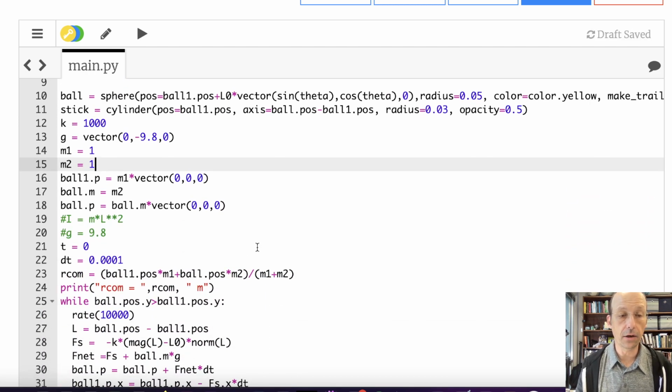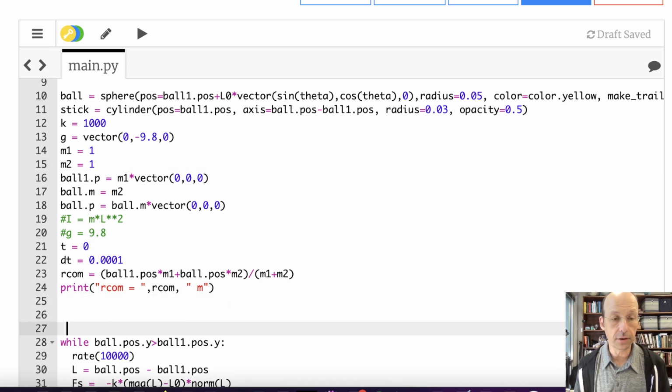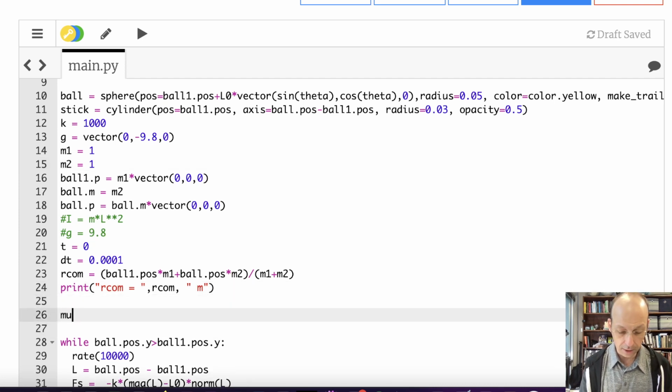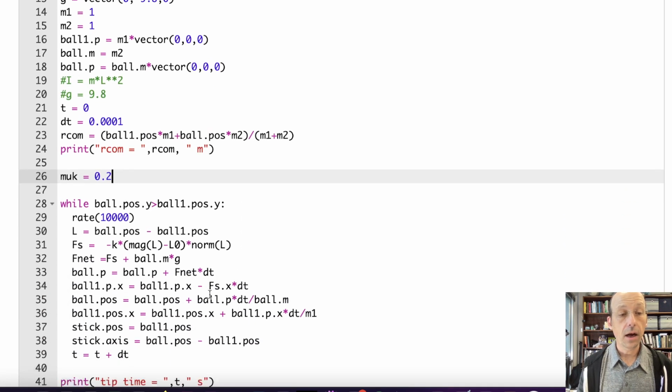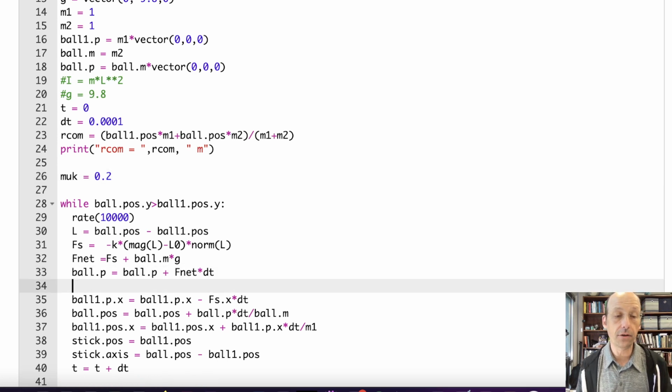Okay, so let's go down here, and I'm going to make a coefficient of friction. Mu k equals 0.2. I'm just picking that. And then down here, when I update the momentum of ball 2, I'm only saying it has that gravitational force. But the first thing I need to do is calculate N. So N is going to be, looking at my formula over here, M1 times the magnitude of G plus Fs dot y.